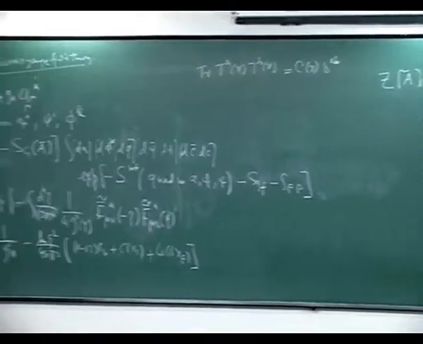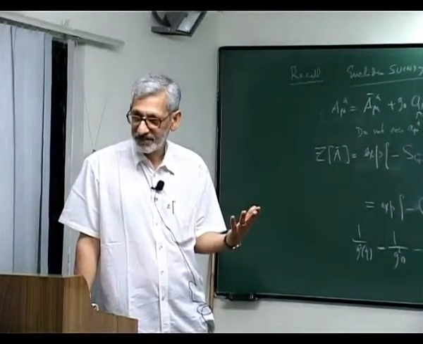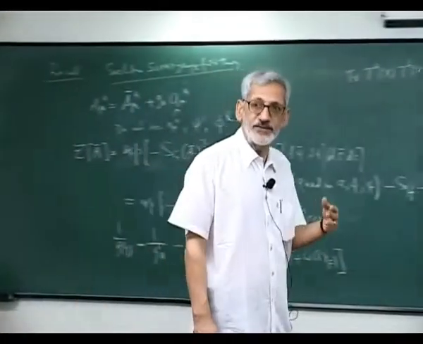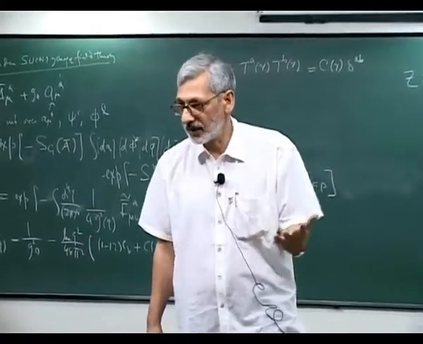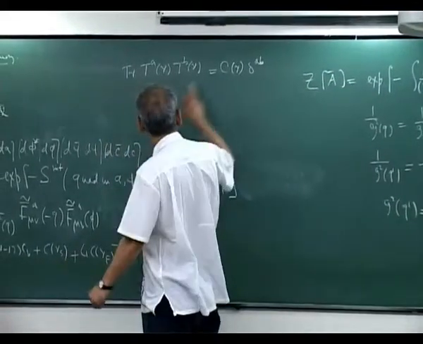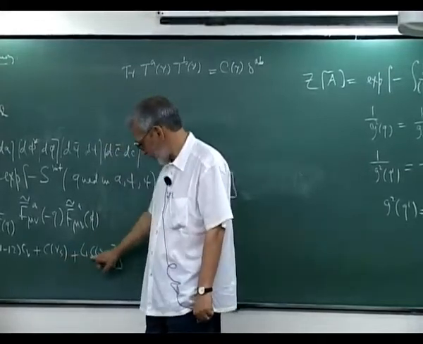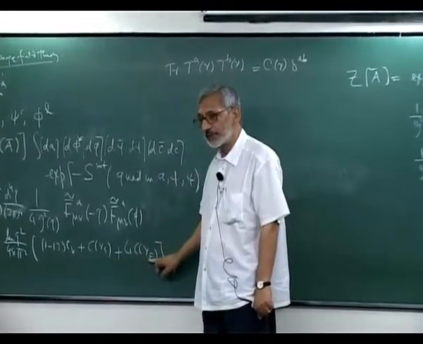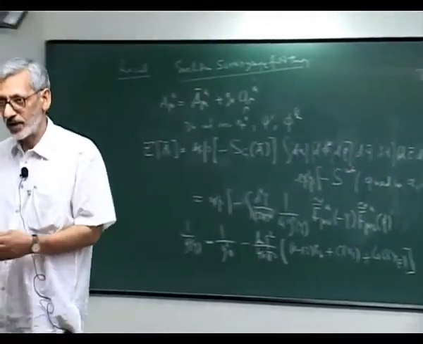And for the n-dimensional representation, C of r, if you remember, was half. And for the adjoint representation, C of r is C_V, which for SU(N) gauge theory is capital N. So this C_RS is the C corresponding to the representation R_S that the scalar field is in. And this 4 times C_RF is the C corresponding to the representation R_F that the Dirac fermions are in. So this is the calculation that I had given as an exercise for you guys.